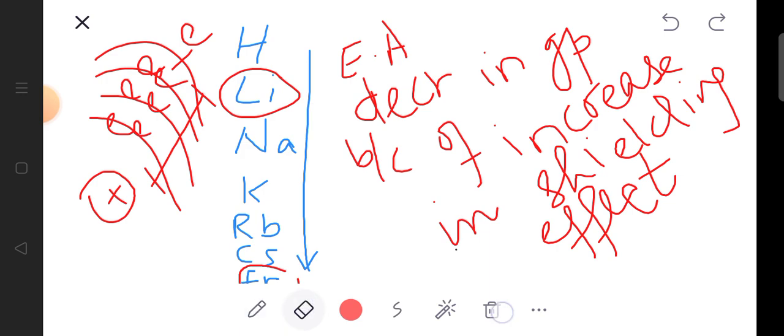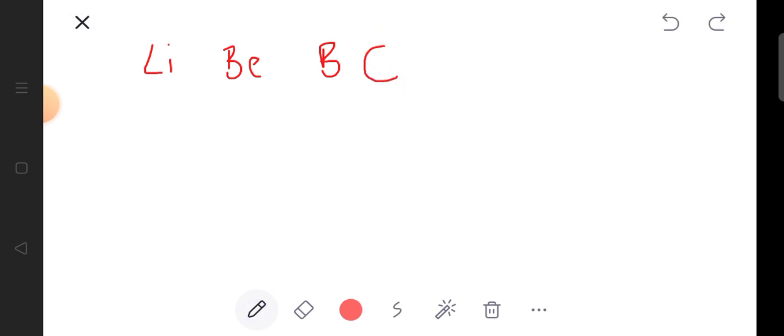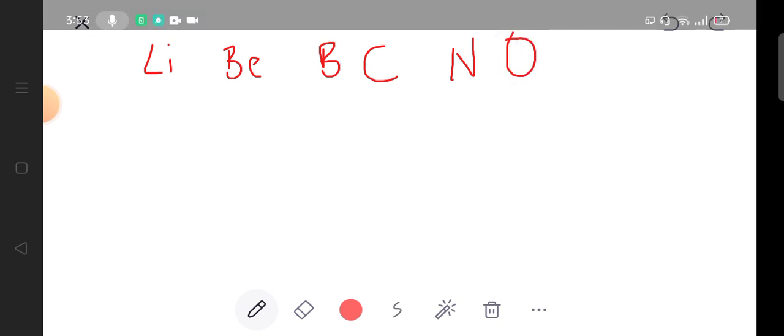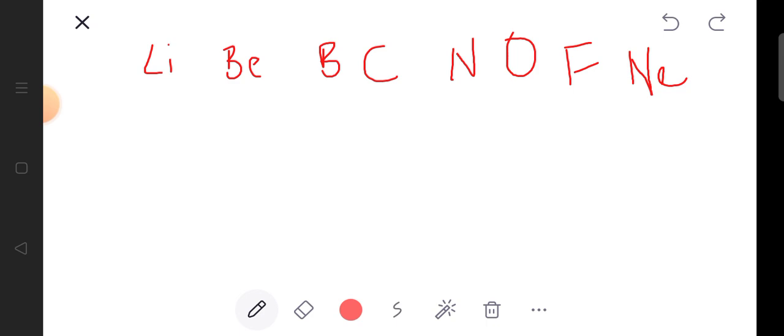Now let's talk about electron affinity in a period. Let's take the example of the second period: lithium, beryllium, boron, carbon, nitrogen, oxygen, fluorine and neon.